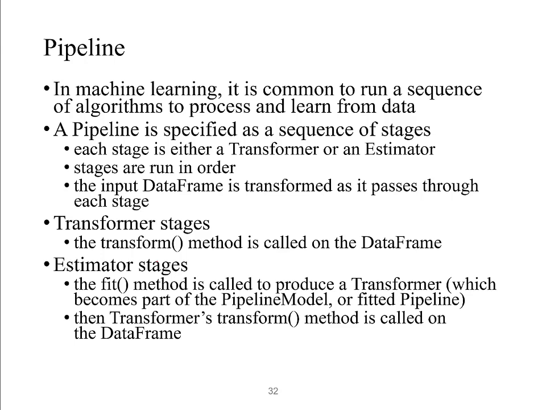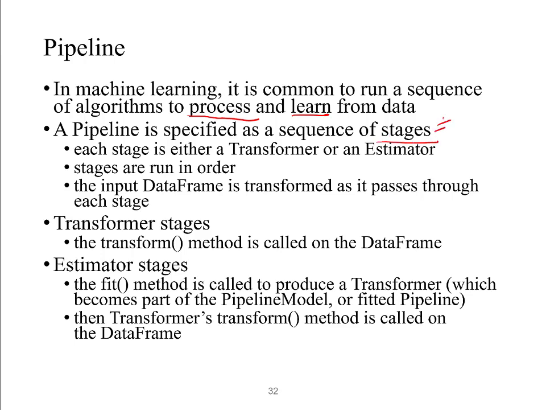So here, as you can see, there are two things. One is processing data and one is learning from data. That is usually the two main purposes or operations in a pipeline. A formal definition would be that a pipeline is specified as a sequence of stages.